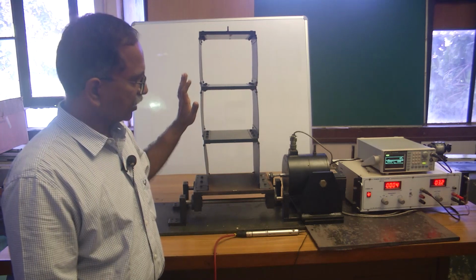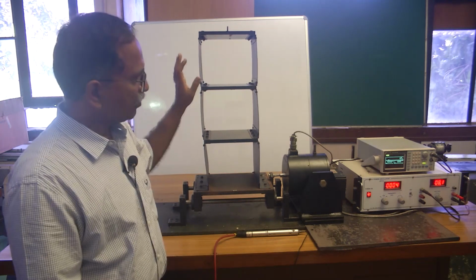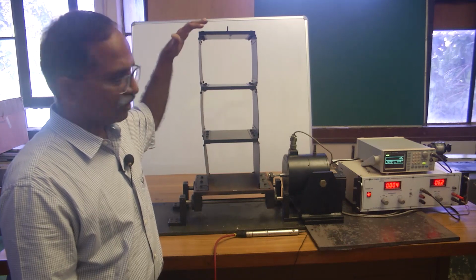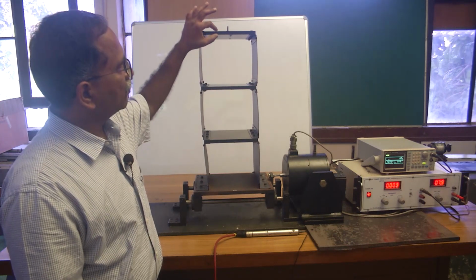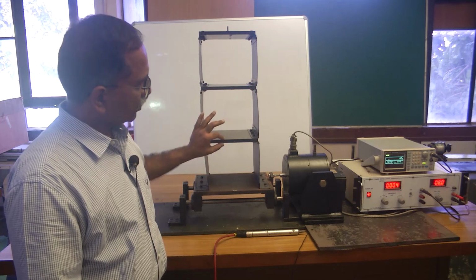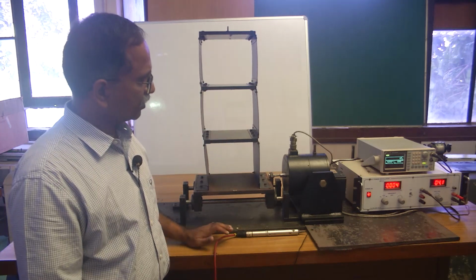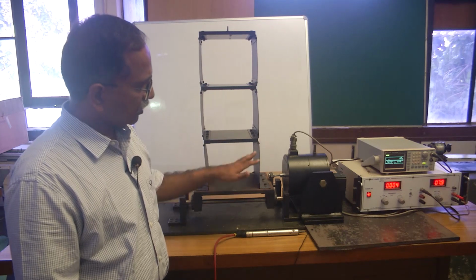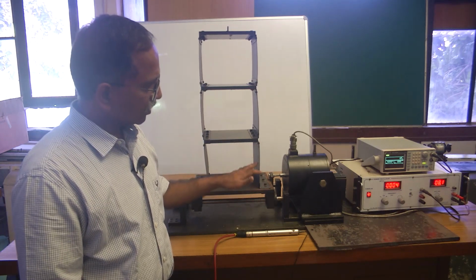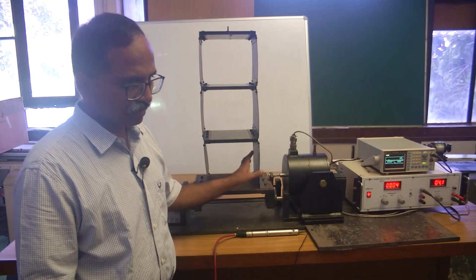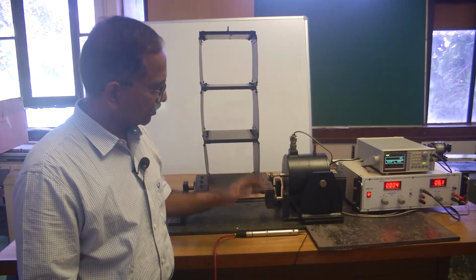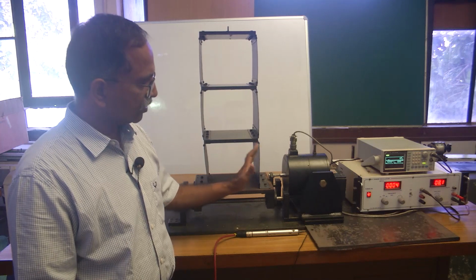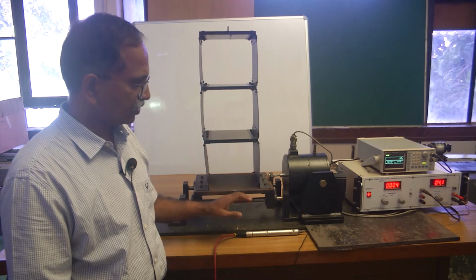This experimental test setup mimics a multi-floor building wherein we have used these three plates representing the mass of the floors, and the columns are represented by these flexible plates, which essentially represent the lateral stiffness of the columns.